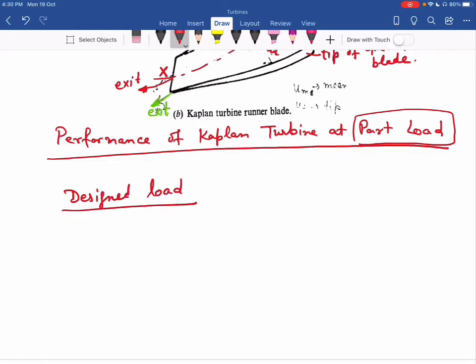If that turbine works at a load lower than the design load, we call that part load. If the given turbine works at a load higher than the design load, we call that overload.